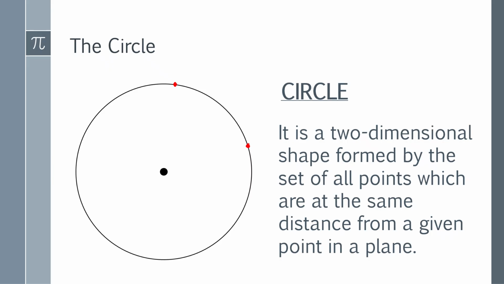Whenever you connect this point on the circle to the center, and of course another point on the circle to the center of this circle, these two line segments have equal measurement. So this one is known as the circle. This one has the same distance.